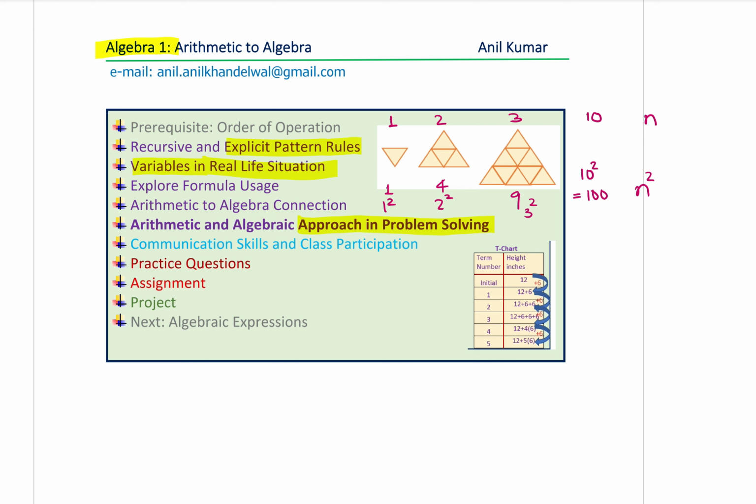Now, we are further going to explore the usage of this formula, but well, the first case is to find the formula itself. Correct? So we'll take up some questions which we are saying problem solving questions.